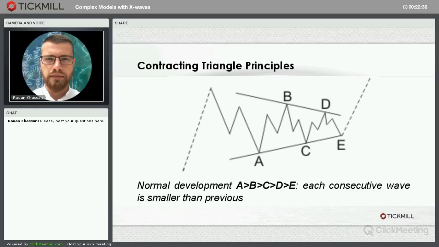So if you are seeing a contracting, it's also known as a symmetrical triangle, it would be easy to identify it. As a rule, it doesn't break the previous bottom, which is the start of the wave, until the figure is completed.